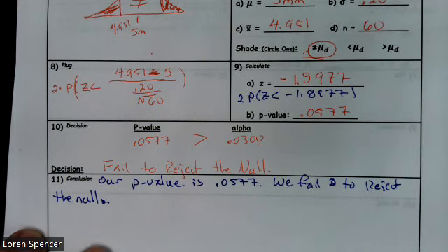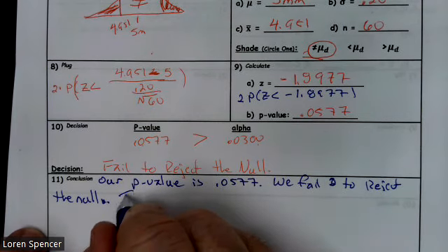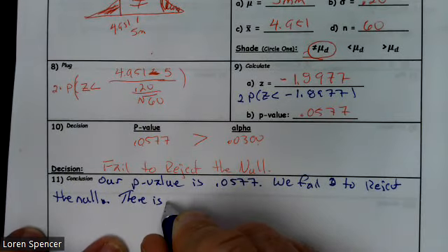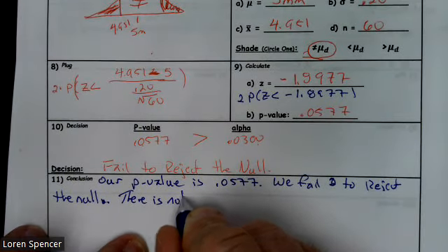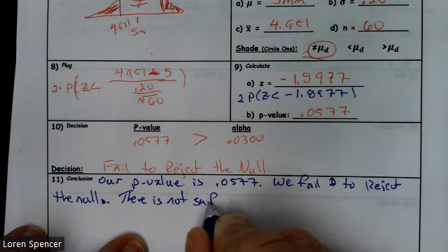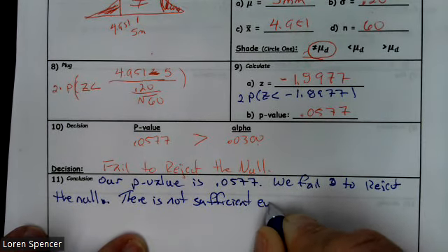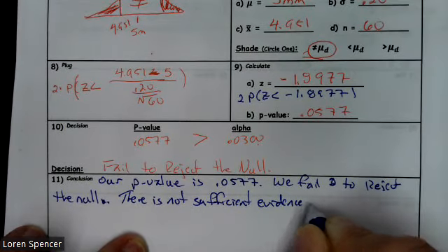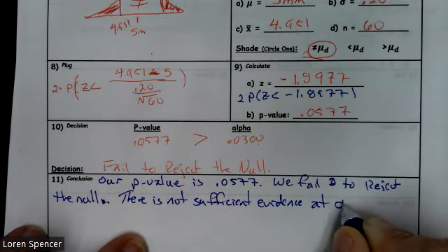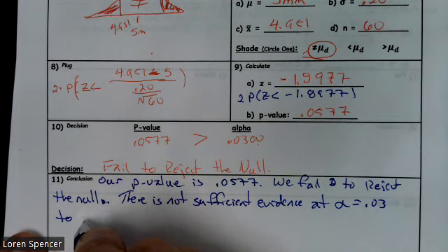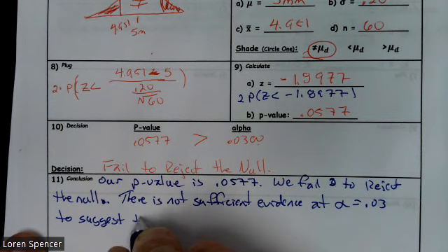We just stated our decision. We failed to, so there is not sufficient evidence at alpha equal 0.03 to suggest that, what was our parameter?